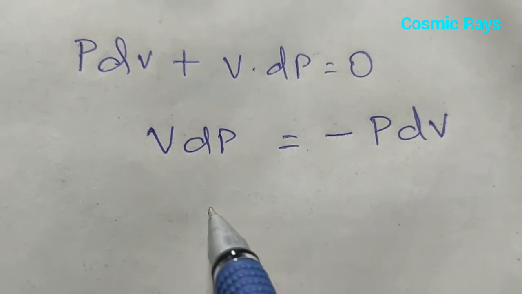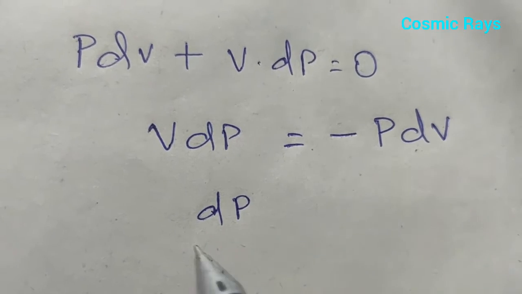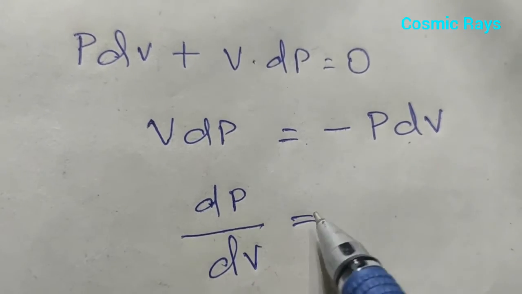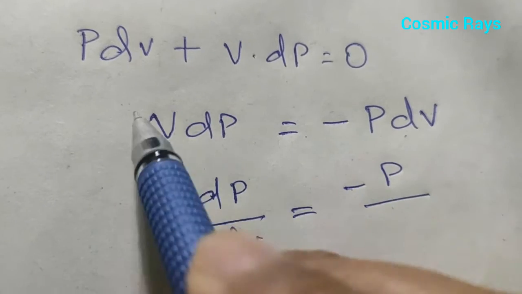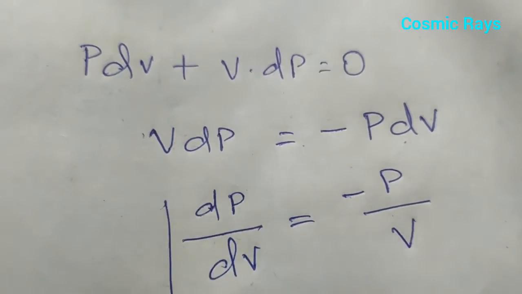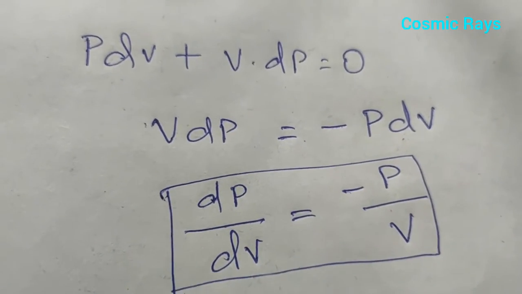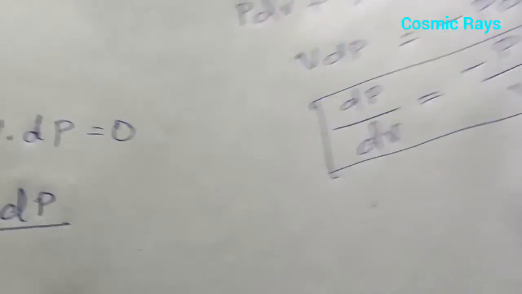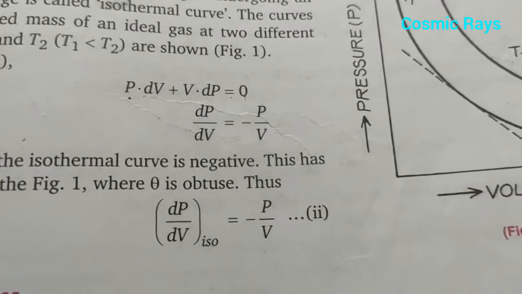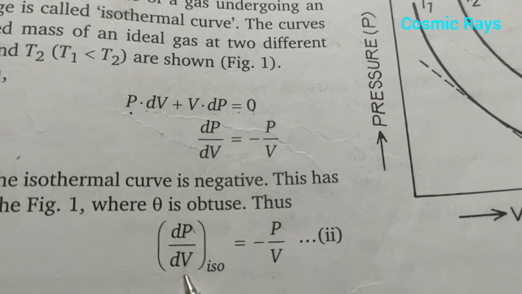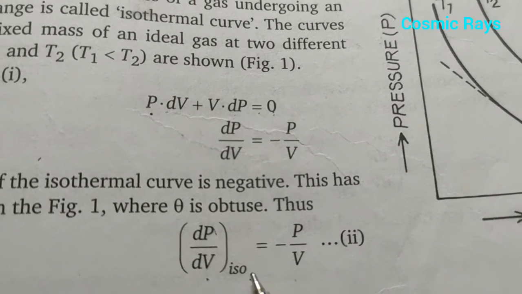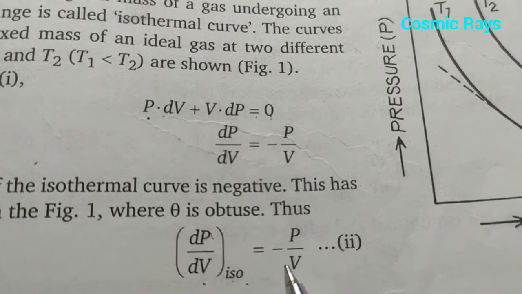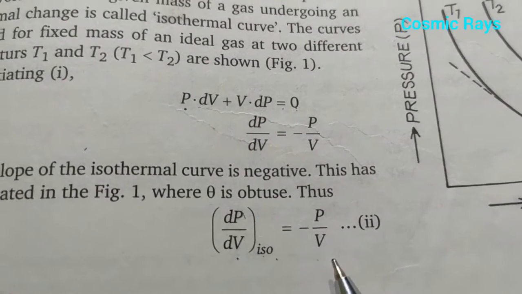So dP remains as it is, we bring dV this side, and V goes to the other side. It becomes dP upon dV is equal to minus P upon V. So this is the equation which is also given here: dP upon dV for an isothermal process is equal to minus P upon V.